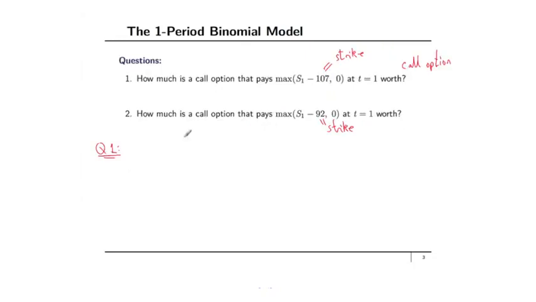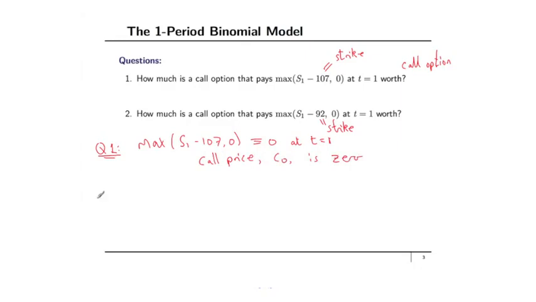So therefore, the maximum of S1 minus 107, 0, is always going to be 0 at t equals 1, because in our binomial model, the stock price is never greater than 107. So I'm getting nothing at time t equals 1, so the call price at time 0, we call it C0, must be 0.